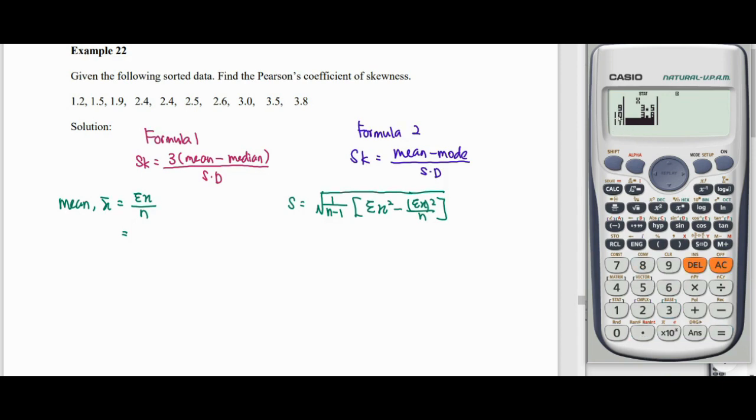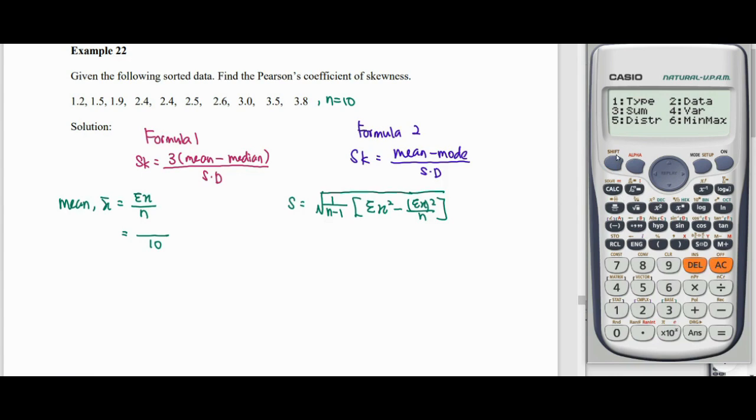So notice that we have 10 data here, which means our n here will be equal to 10. So press AC to minimize the table. Then we're going to find your option.